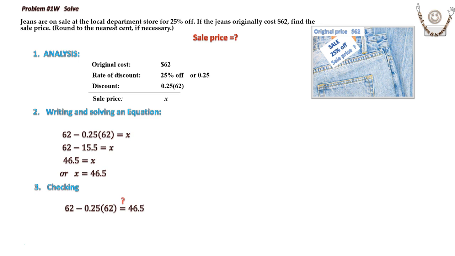Use your calculator and you will see 46.5 equals 46.5. So it looks like we're doing okay. Now the last step, we have to write out the answer. Because the question was, what is the sale price? The answer is, the sale price is $46.5.